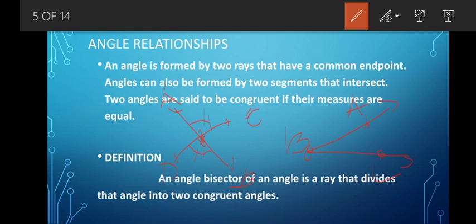So definition of the bisector. So dito, what is a bisector? Kasi minsan may nakikita tayong ganito, may ganyan, point.